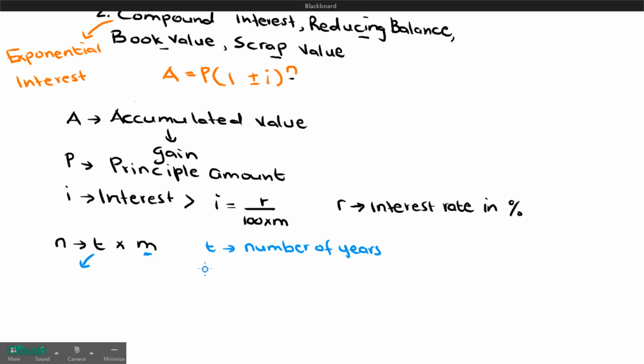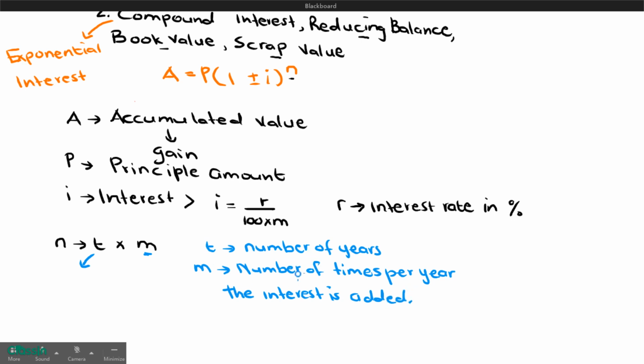And then M is the number of times per year the interest is added.